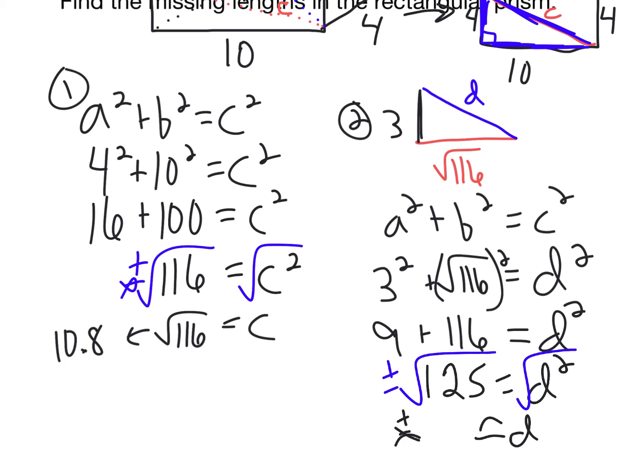So that would be about 11.2. And I didn't put units on this. You know, you could say maybe this was feet or something. I should have put that on the problem and I forgot. So anyway, this is more of a challenge question that we could get from section 3 though.